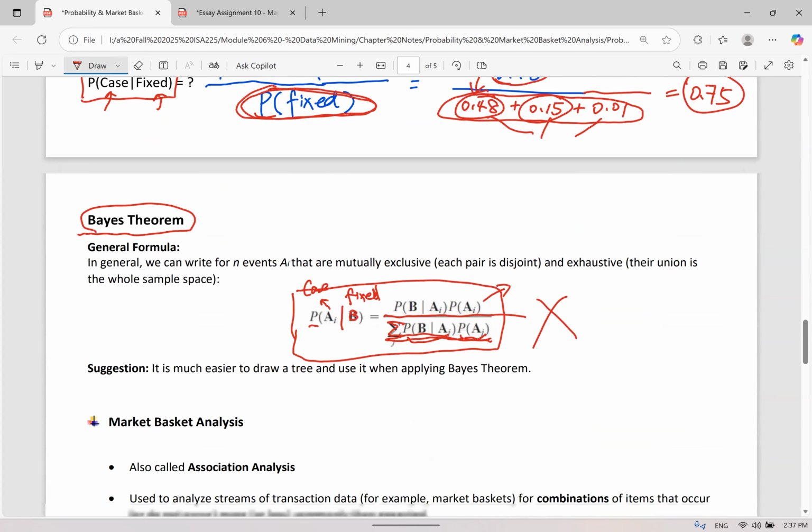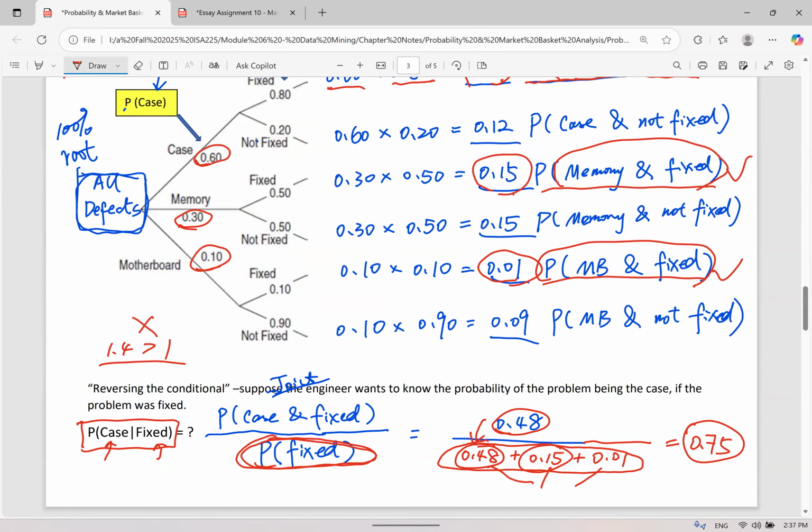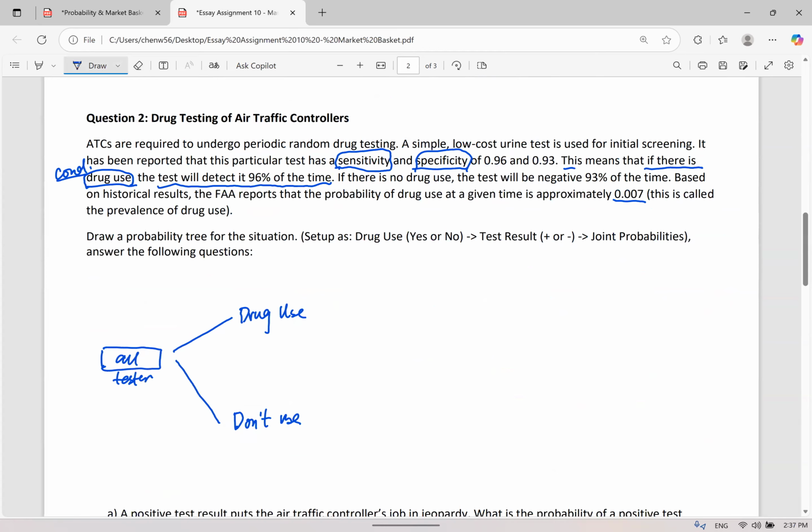In this case, what is the probability for using the drug? 0.007.